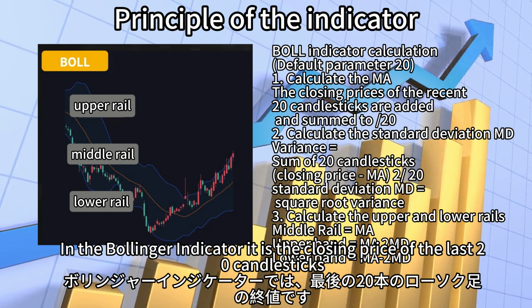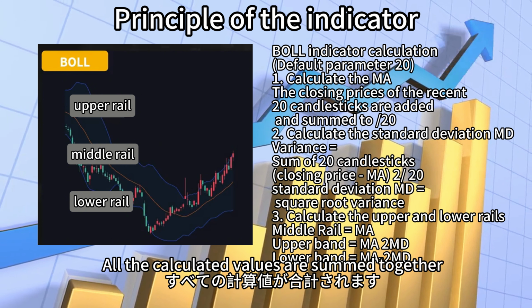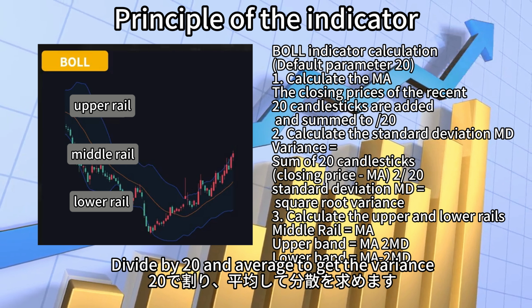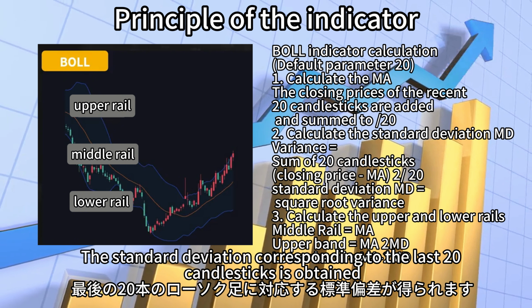In the Bollinger indicator, take the closing prices of the last 20 candlesticks, and square the difference from the 20-period moving average. All the calculated values are summed together, then divided by 20 to get the variance. The resulting variance is then square-rooted to obtain the standard deviation corresponding to the last 20 candlesticks.